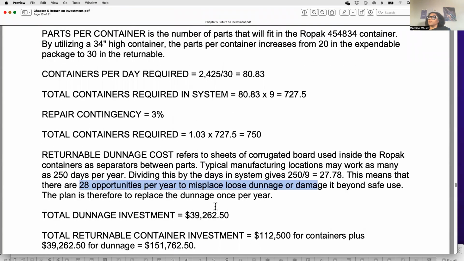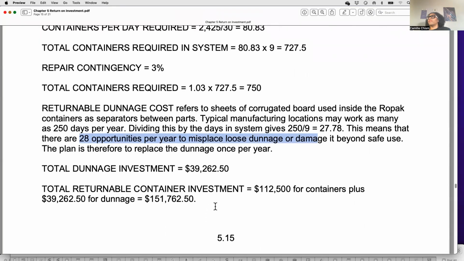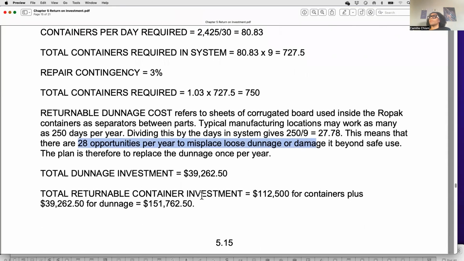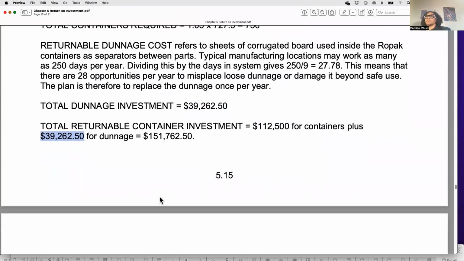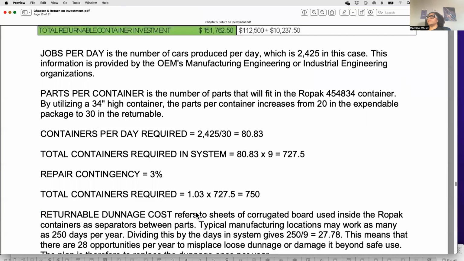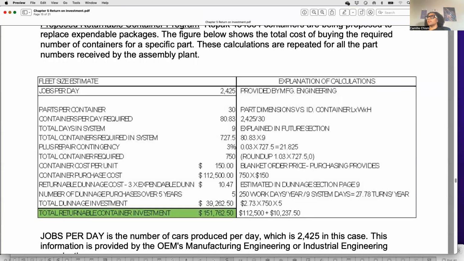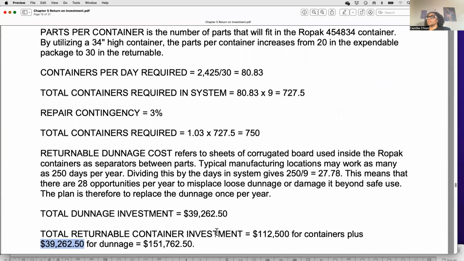I think they spread that out over 5 or so. But anyway, they figured they need to spend $39,262.50 for dunnage. They added the $112,500 for the containers plus the $39,000 for the dunnage, and came up with $151,000. That's what this is here, and it shows you the calculation down here as well.